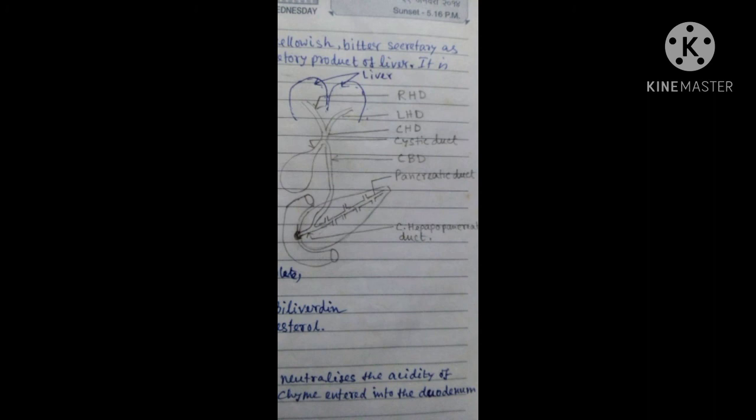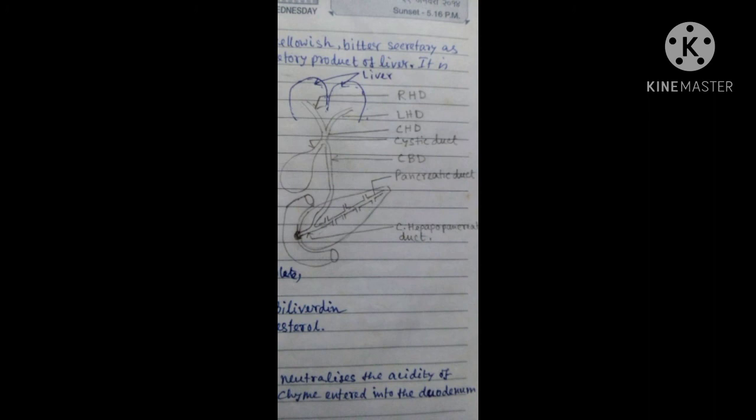They are NaCl, KCl, NaHCO3, Na2HPO4, that is mostly alkaline in nature, you know, and 1% of pancreatic juice among the 1.5% solid components is organic components.